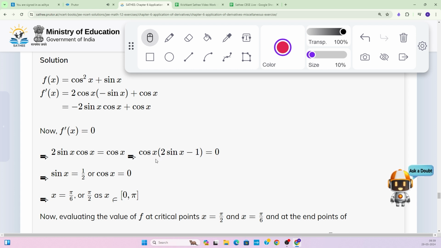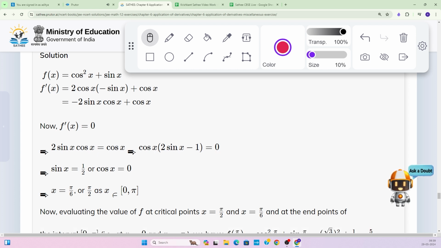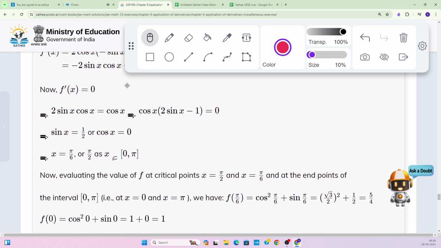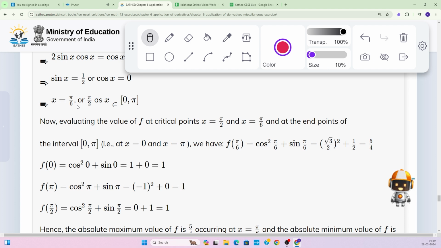This means either cos x equals 0 or sin x equals half, and we know sin x is half when x is pi by 6, and cos x is 0 when x is pi by 2. Now critical points will be pi by 6, pi by 2, and also we have to include our endpoints 0 and pi.